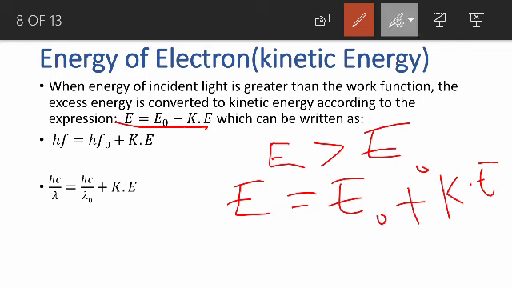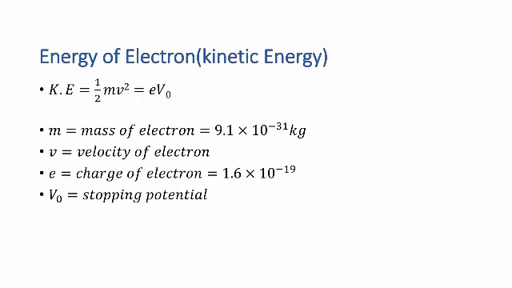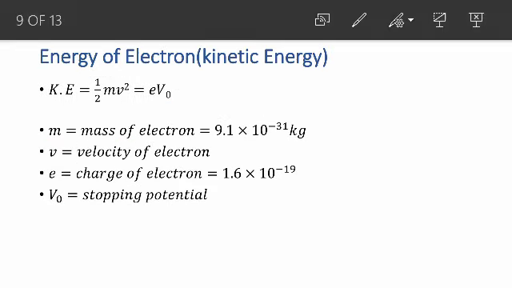The electrons gain kinetic energy. Your E is hf, your work function is hf naught, and you have your kinetic energy. Your E can also be written as hc over lambda, your work function hc over lambda naught, then your kinetic energy. So that leads us to energy of electrons, which is the kinetic energy still.